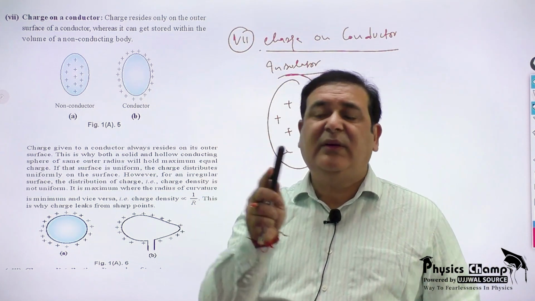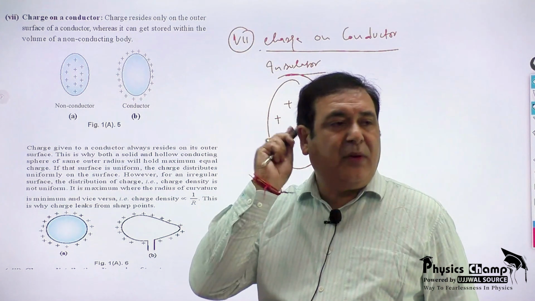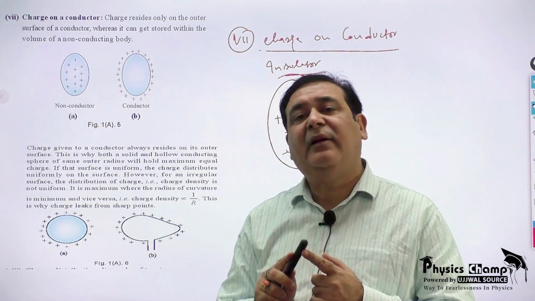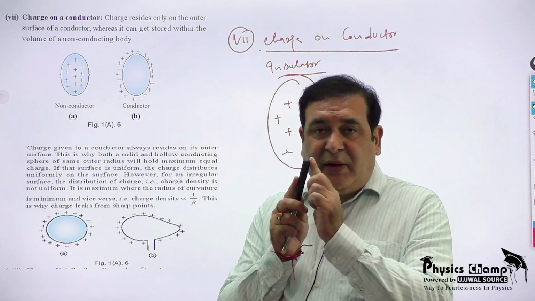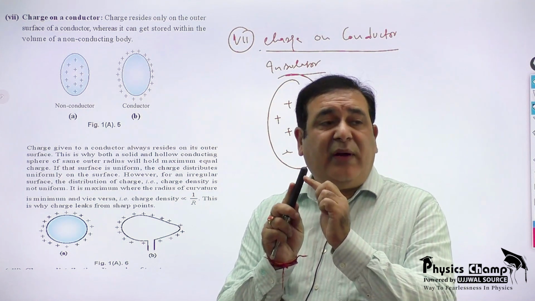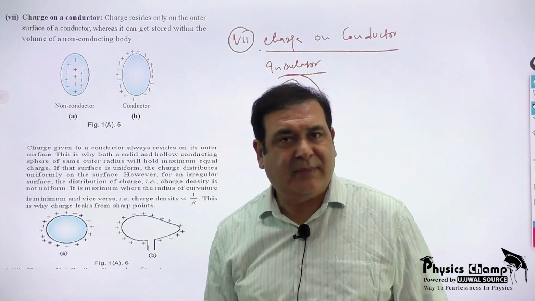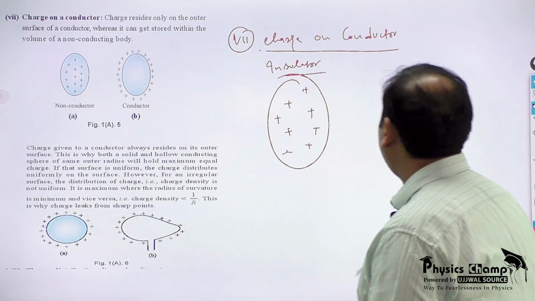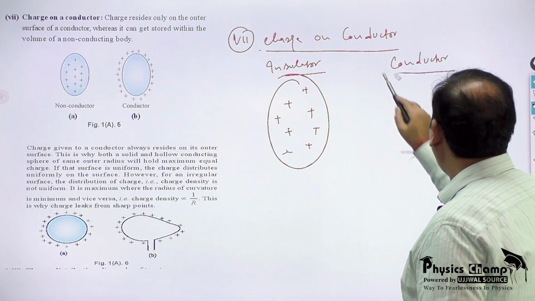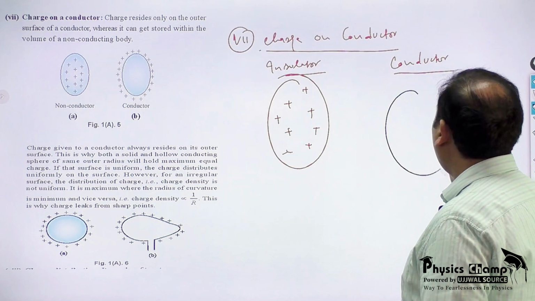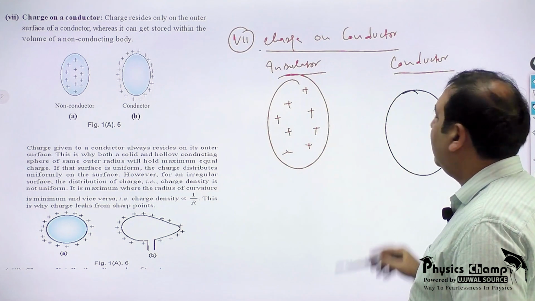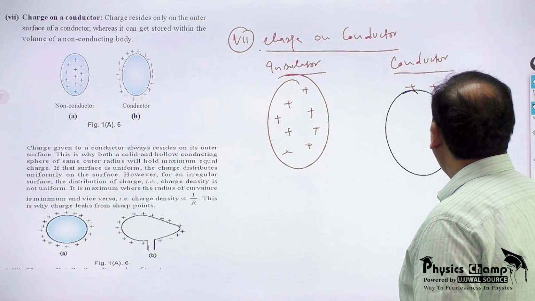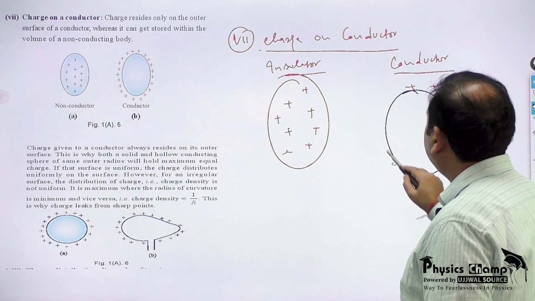For example, this is rubber and I rub it on my hair, it will get electrically charged. Since it is an insulator, the charge, wherever it is developed, will remain there. But on the other hand, on a conductor, the charge will not remain inside. Wherever you develop it, it will always come on the surface.